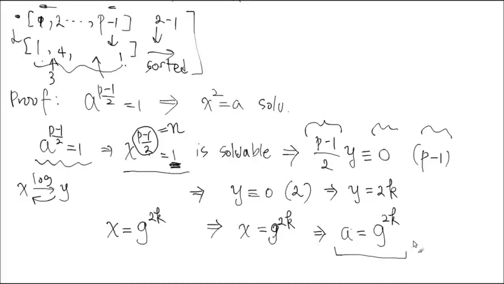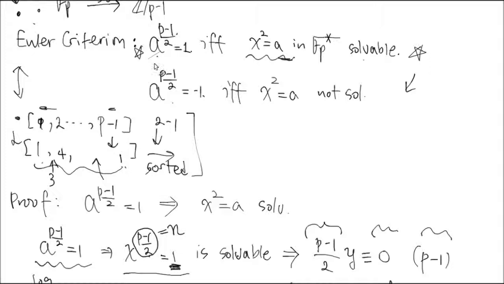Do you think you can write a as a square of something? G to the k squared, right? We pulled 2 out of the exponent level. Therefore, it's a square, right? Isn't that neat? So that's why the back and forth is true. All right. So going back here, we proved that this one implies that, and that one implies this one.